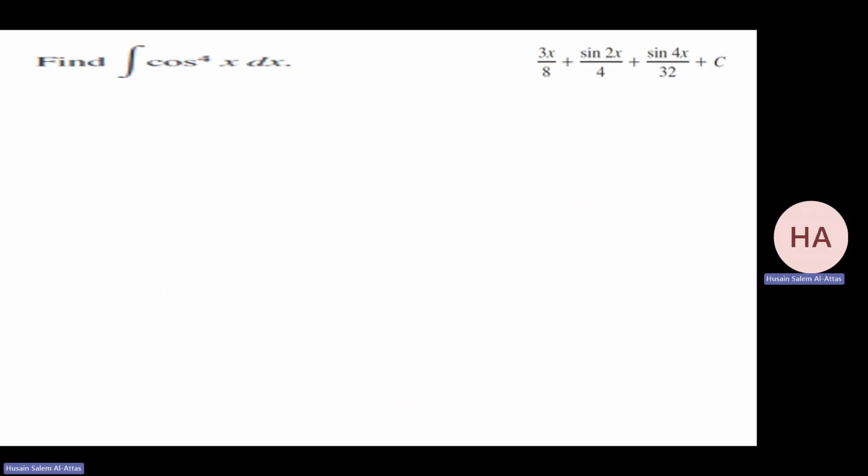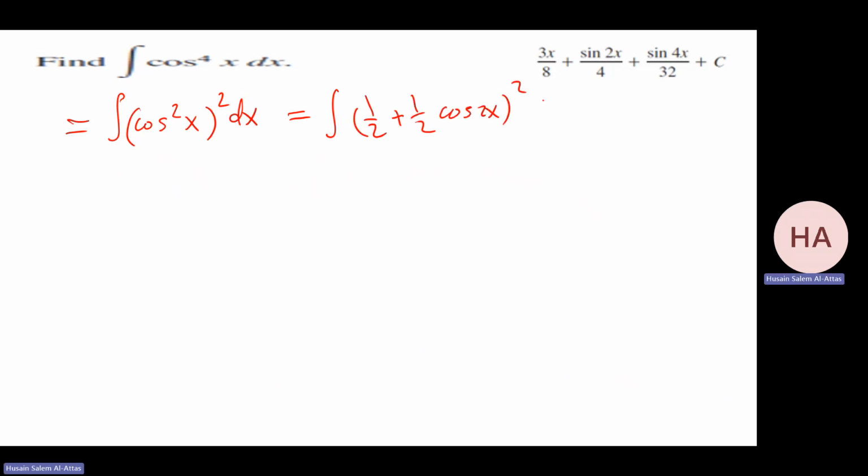So this one I can rewrite as the integral of cosine squared x all squared dx, which is half plus half cosine 2x all squared dx, which is the integral of 1 over 4 plus half cosine 2x plus 1 over 4 cosine squared 2x dx.